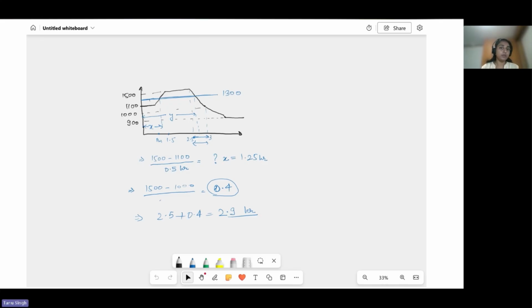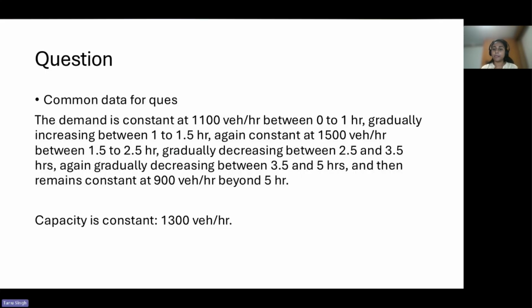Similarly, the rectangle will be 1 times 200, since the 1 hour difference is there, so 200. And from 2.5 hours to 2.9 hours we get half, base is 0.4 and height is 200, we get 40. The total Q size will be 25 plus 200 plus 40, equals 265. So that's how we solve this question.